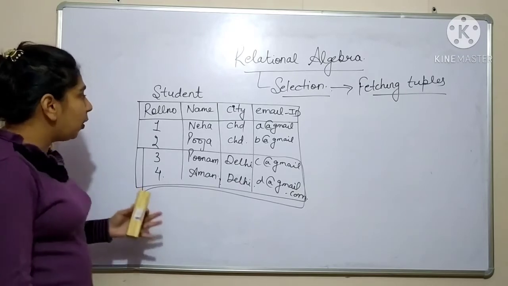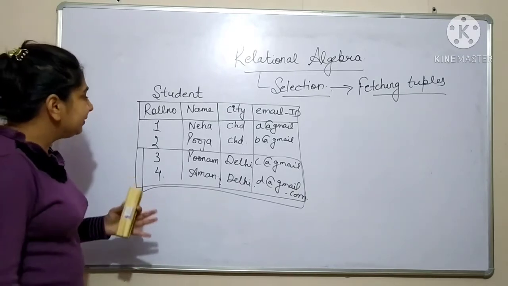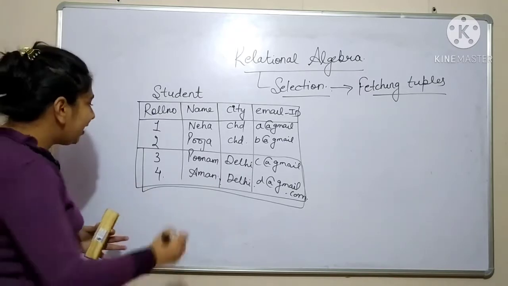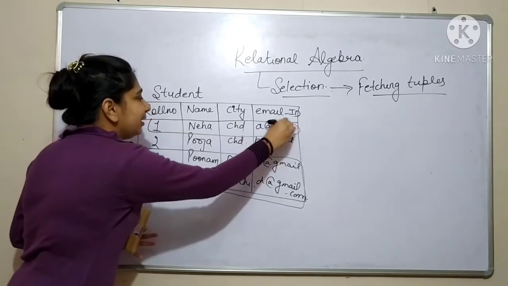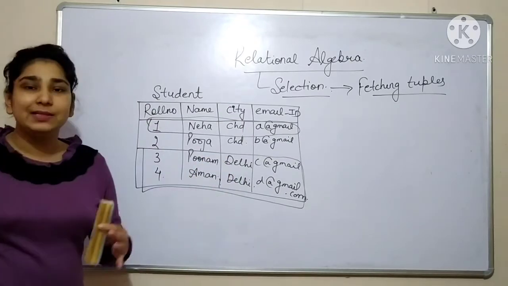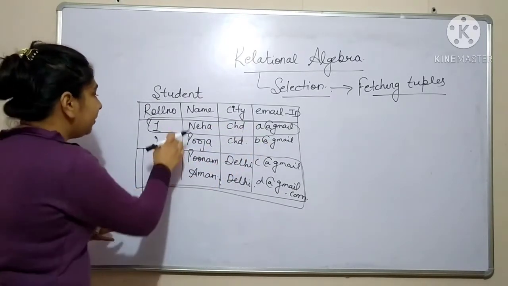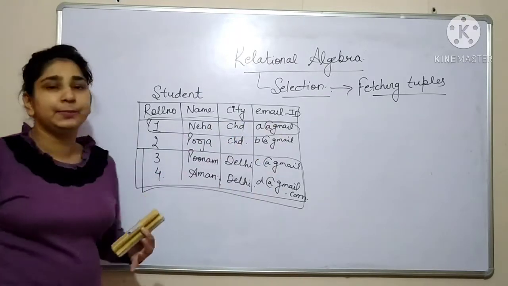Let's suppose I want to fetch the details of the student Neha. I will be fetching this complete row, this complete tuple in which all of the attributes are present.